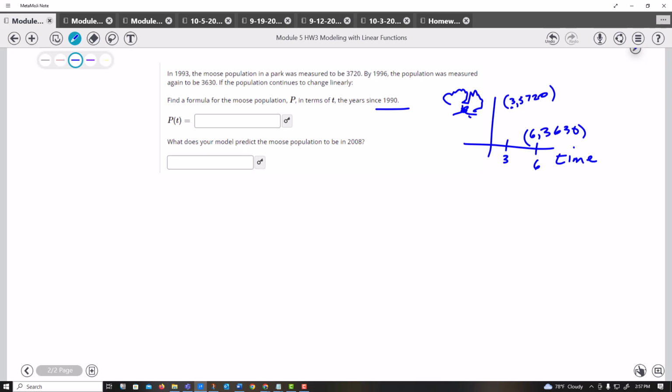So to find this actual formula, of course we need to find the slope, and I see I have 2 points here. So I have 3630 minus 3720, and then I have 6 minus 3. 3630 minus 3720 is negative 90, and then this would be 3 to get our slope.